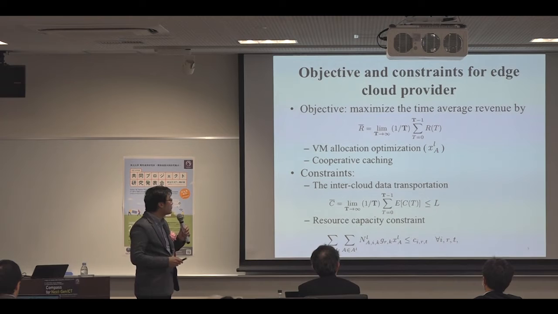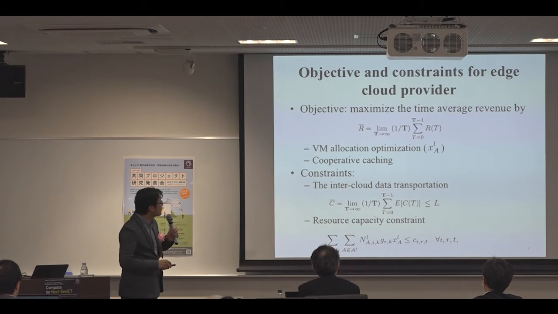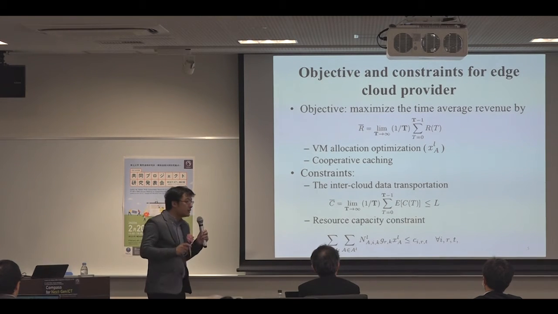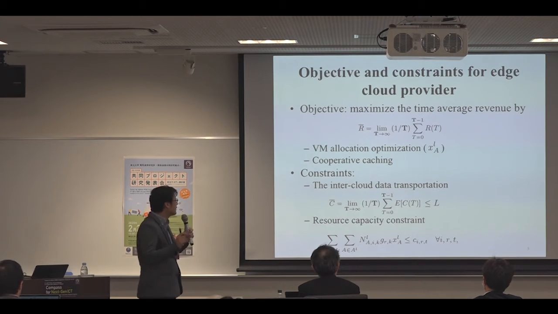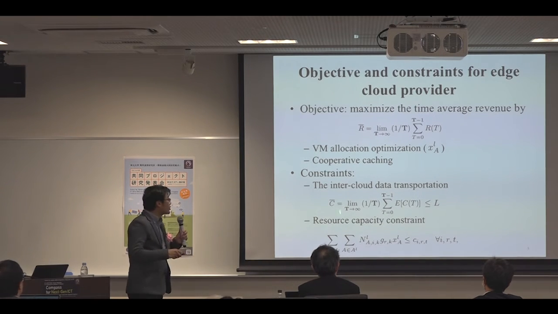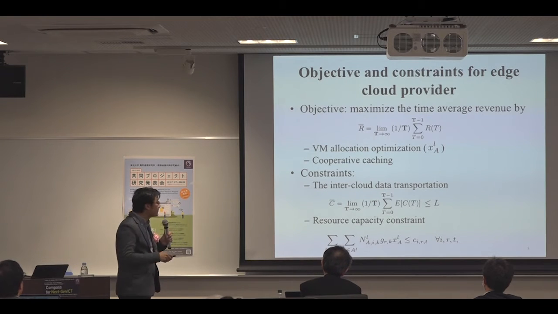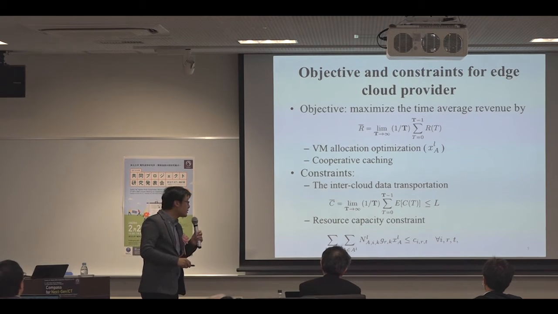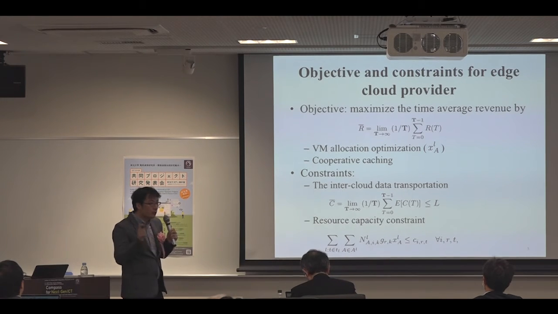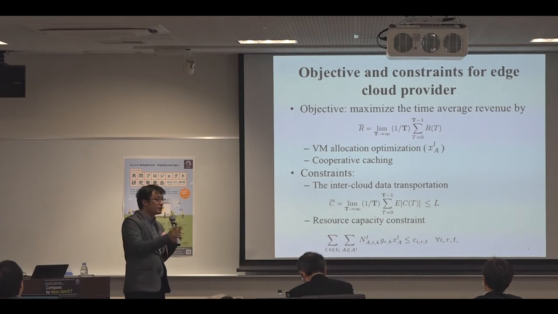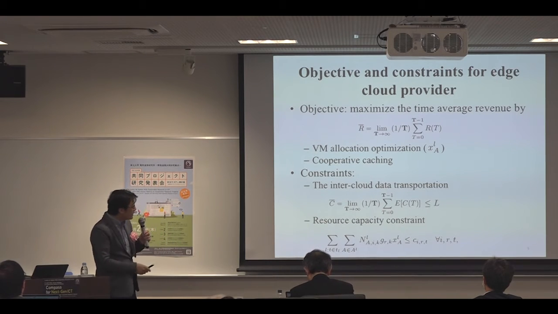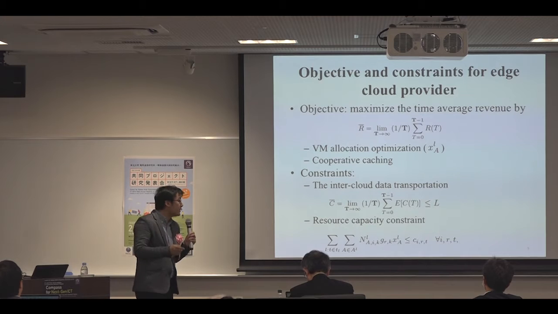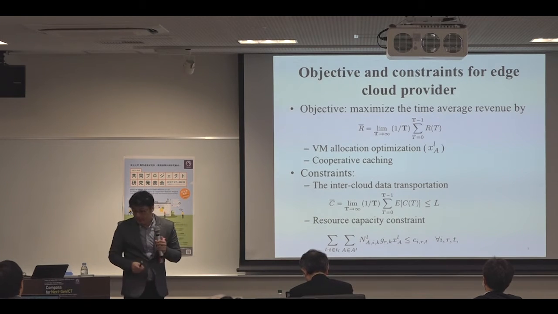We have two main constraints. The first is that we cannot overuse the inter-cloud links. The second is a traditional constraint: when you allocate virtual machines to users, you should not exceed the capacity of your physical resources.